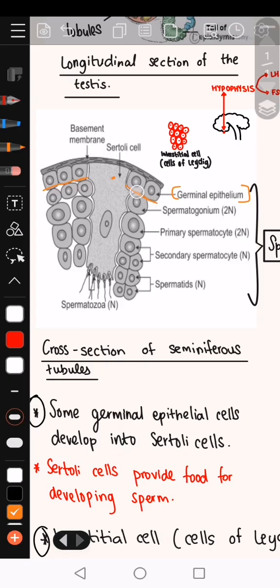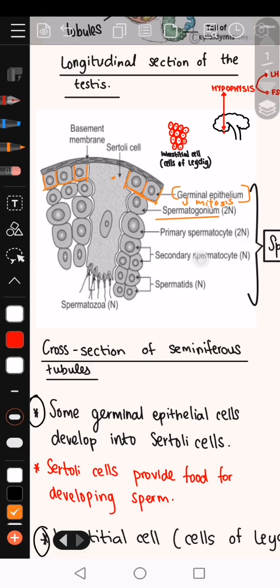So these germinal epithelial cells, the diploid germinal epithelial cells, are going to start to divide by mitosis to give us diploid spermatogonium.